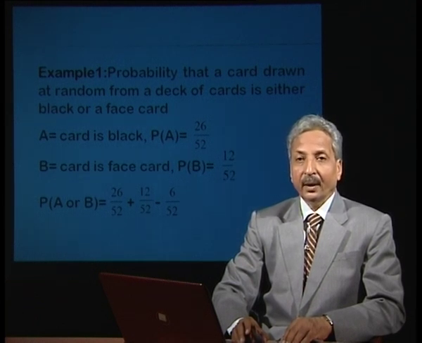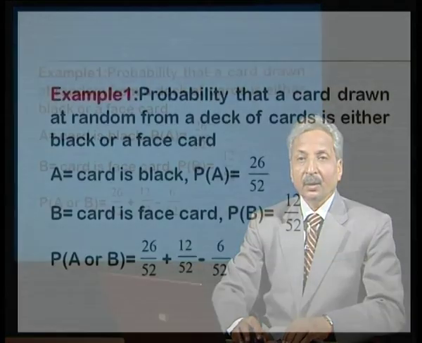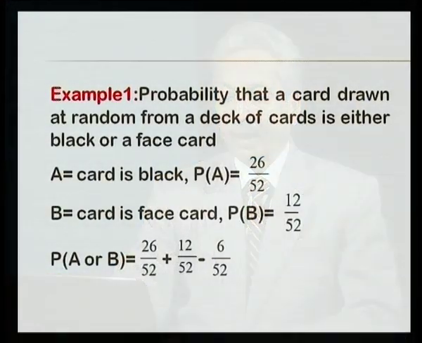Therefore, when we select one card at random out of 52 cards, this probability is 26 upon 52. Similarly, the probability of B will be 12 upon 52, as there are 12 face cards in the 52 playing cards, that is, 3 face cards of each type: club, spade, diamond or heart.